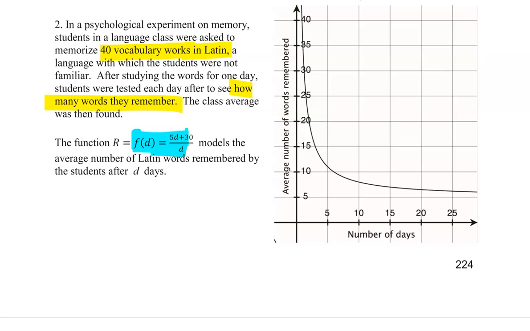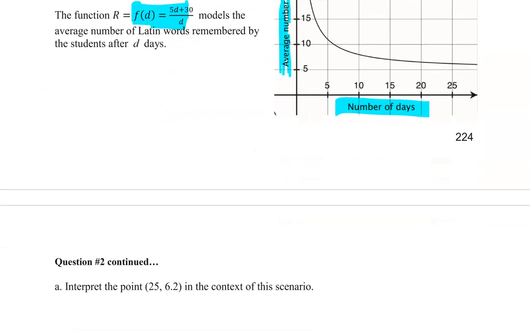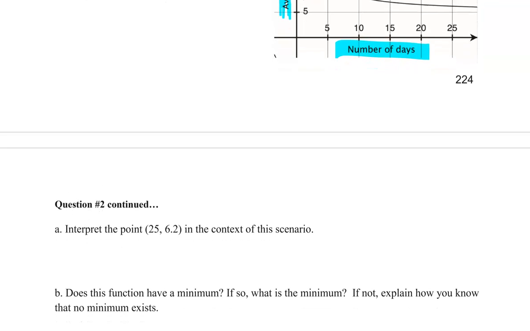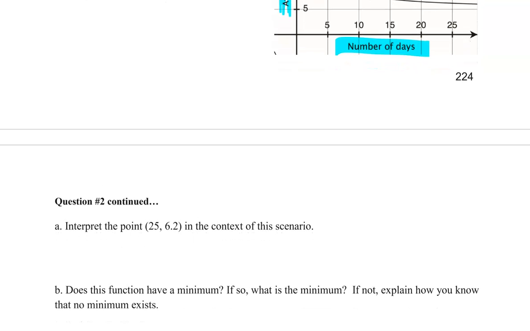So take a look at this graph here. You have the x-axis as the number of days. You have 5, 10, 15, 20, 25 days, and the y-axis, that is the average number of words remembered. And we can answer the next questions. Letter A, interpret the point 25, 6.2 in the context of this scenario.